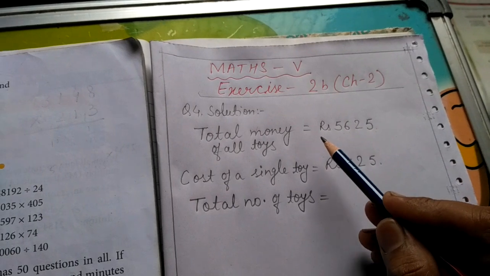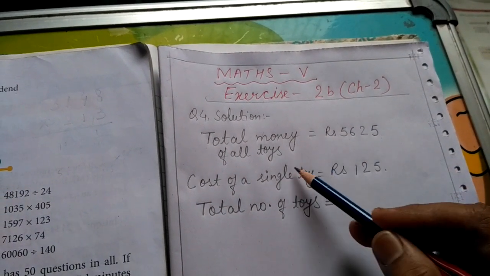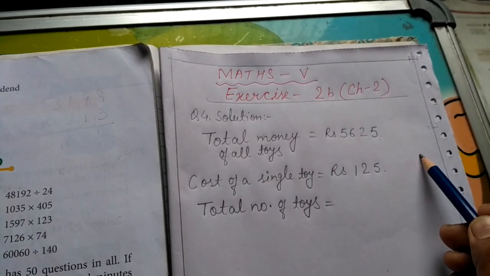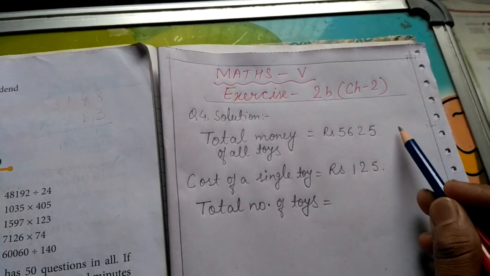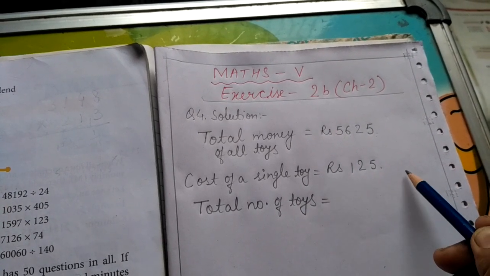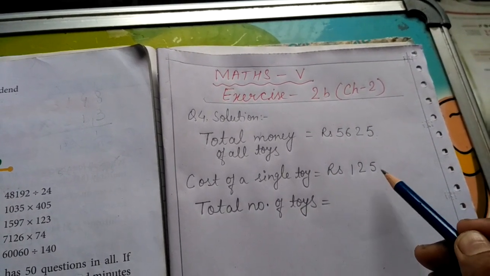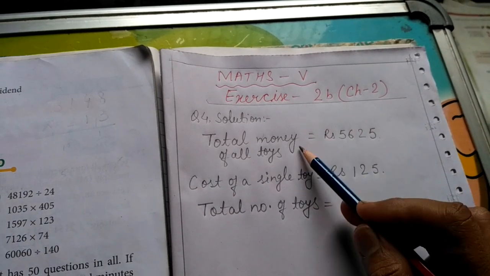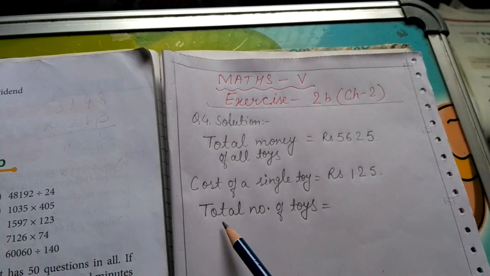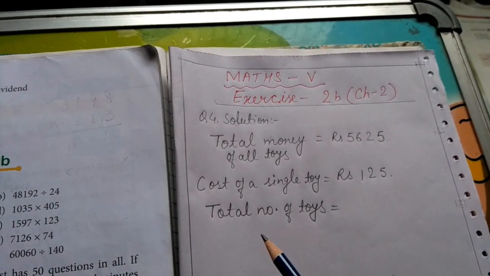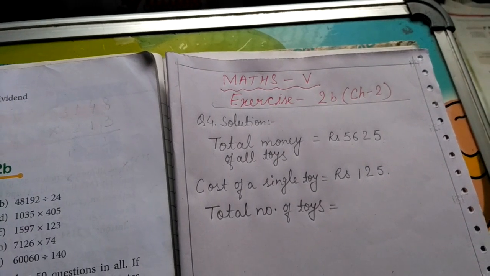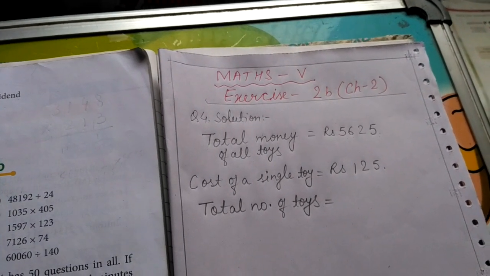So here we have to divide the total amount of money by the single toy cost. If we divide this total money by the cost of the single toy, then we will get the answer, the total number of toys Suman has purchased to donate in an orphanage.